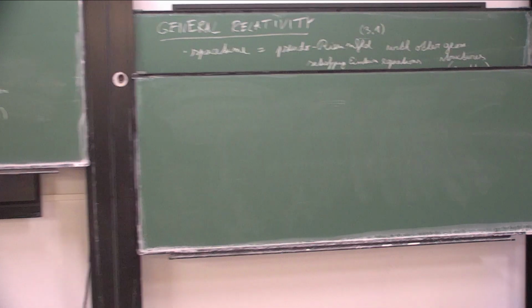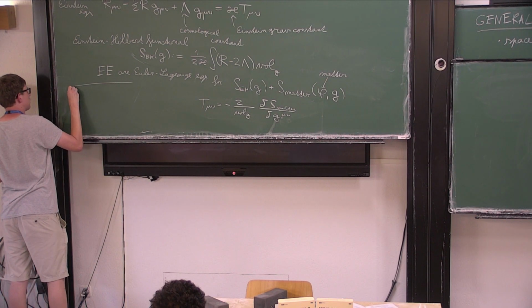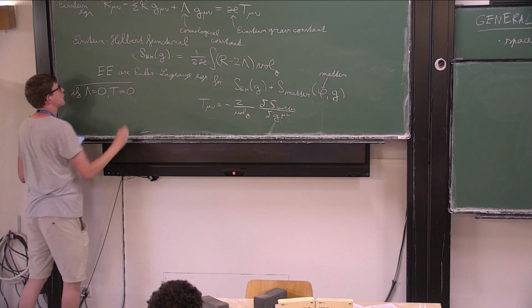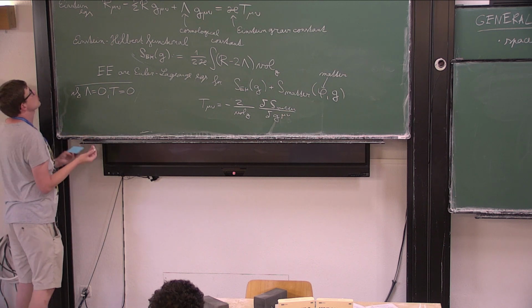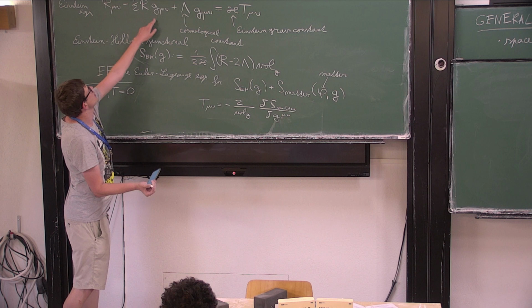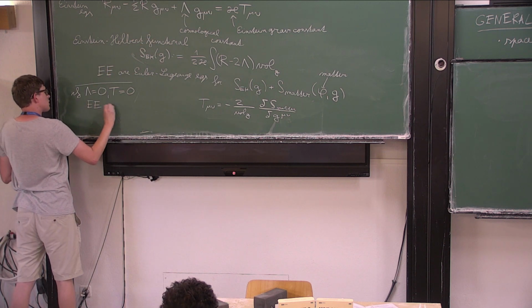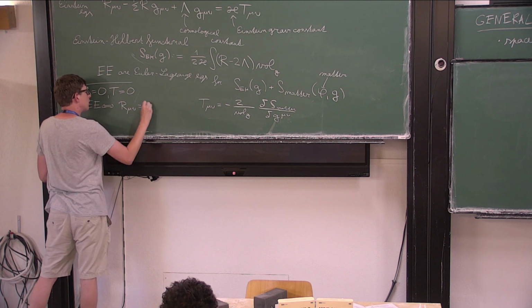Well, one observation here is that if lambda is 0 and T is 0, so if there is no matter, you would call this vacuum, then the equation looks very simple. It's just this thing minus this thing is 0. But in fact, you can show that the Einstein equations are equivalent to saying that the Ricci tensor is 0.